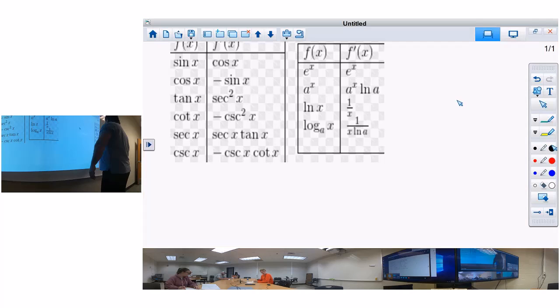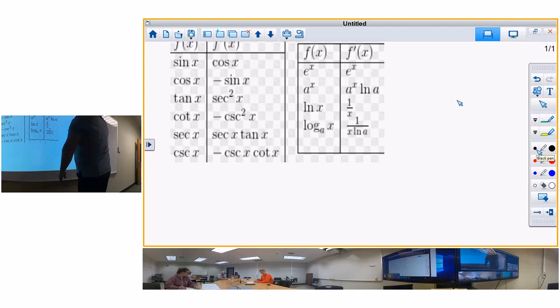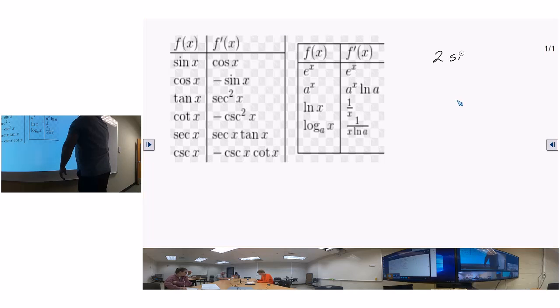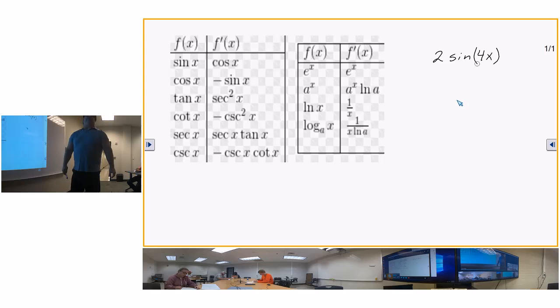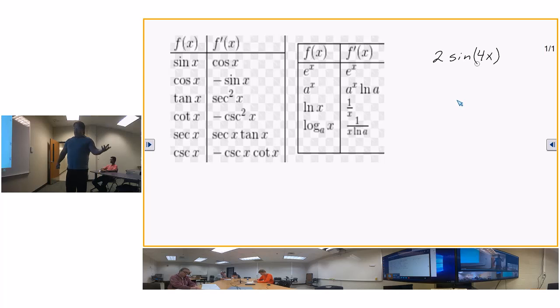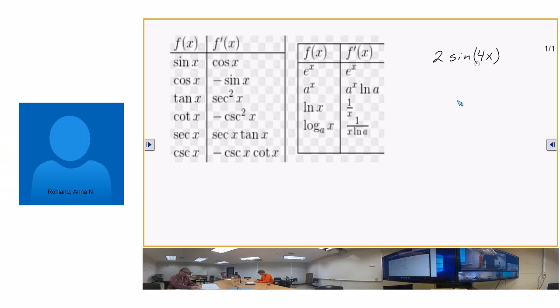So here we go. I'm going to give you 2 sine of (4x). Now notice I put parentheses around that 4x. Why did I put parentheses around that 4x? Well, not to crowd it, yes, that's one reason, but that's not the reason. Isn't it to signify the chain rule?